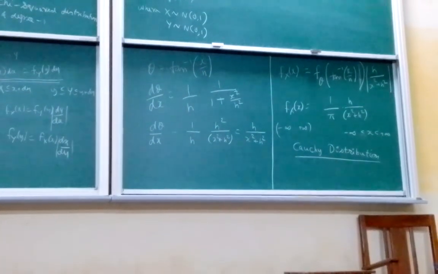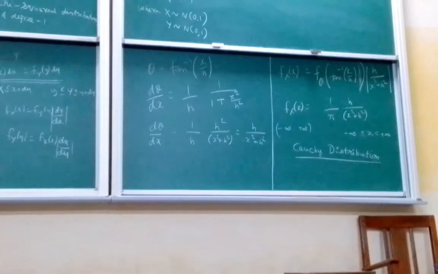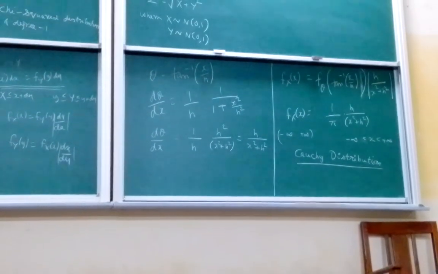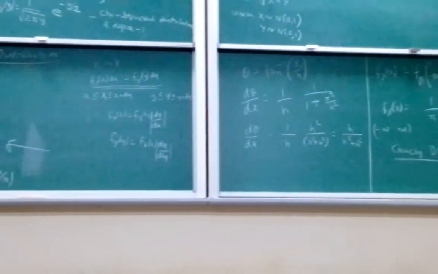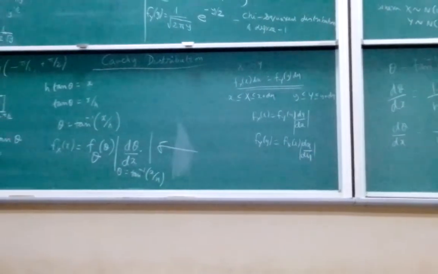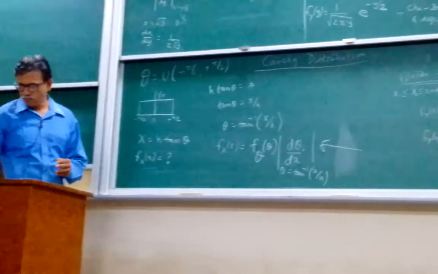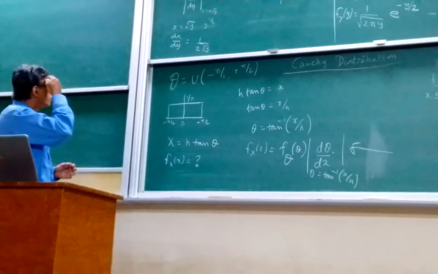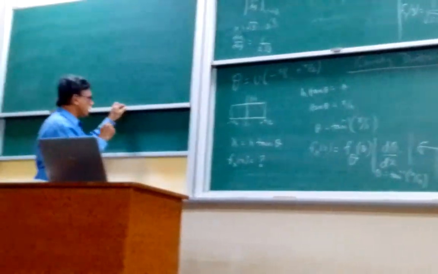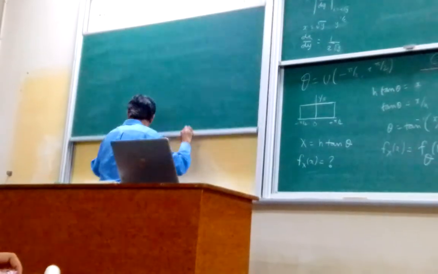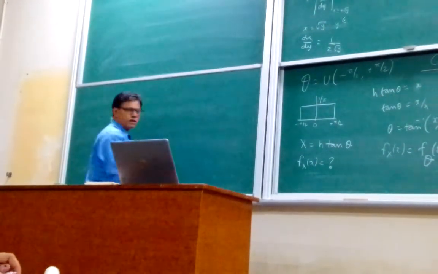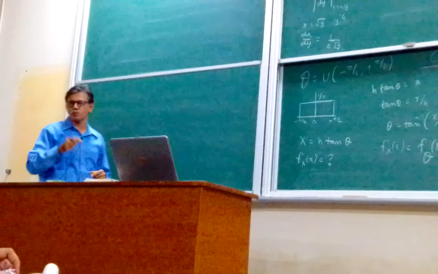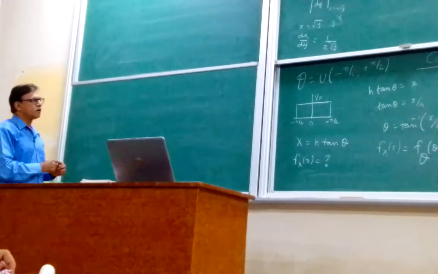So we have seen chi-square distribution of degree 1, 2 and so on, Rayleigh distribution, then Cauchy distribution. Okay, fine. I'll finish one more and then we will discuss the physics.